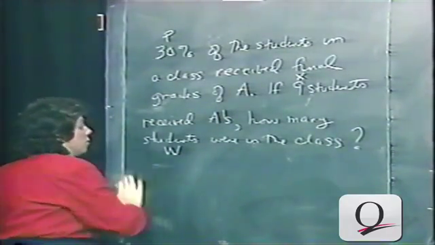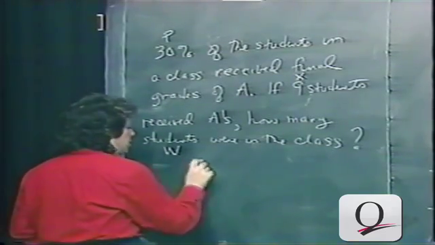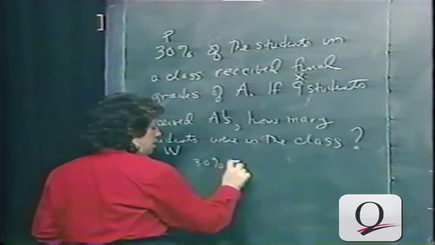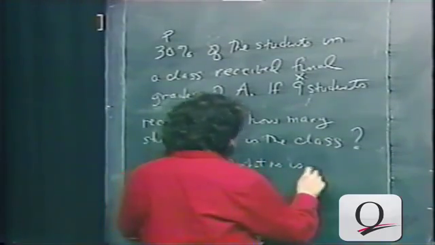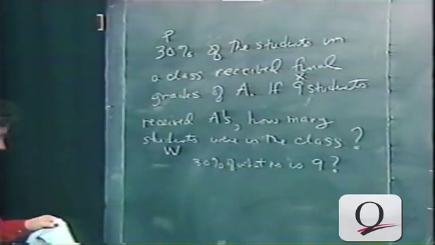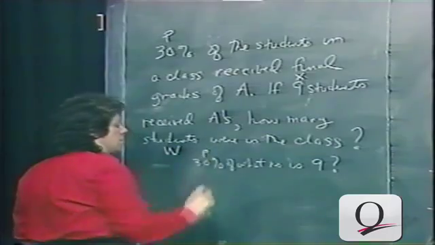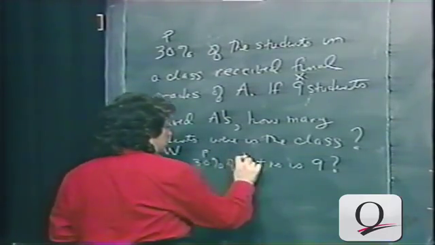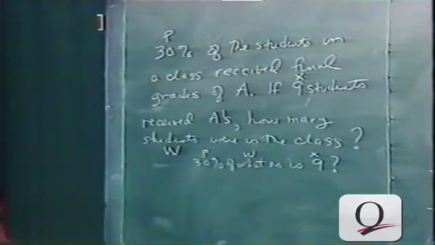So if we wanted to rephrase this, we could write it: 30% of what number is 9? 30%, that's the percent of the whole, is the part, is 9.